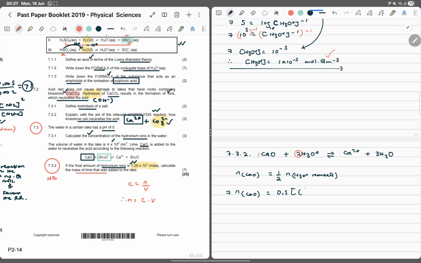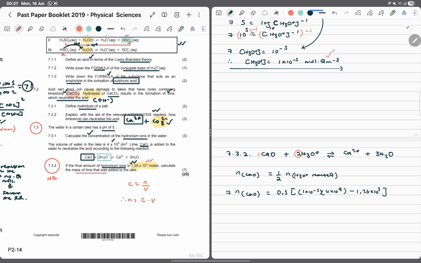So we're going to take the concentration that we got here, which is 1 times 10 to the minus 5, and multiply it by the volume, which we were given as 4 times 10 to the 9. And from this whole thing we subtract the number of moles that remained. So this is 1,26 times 10 to the 3.